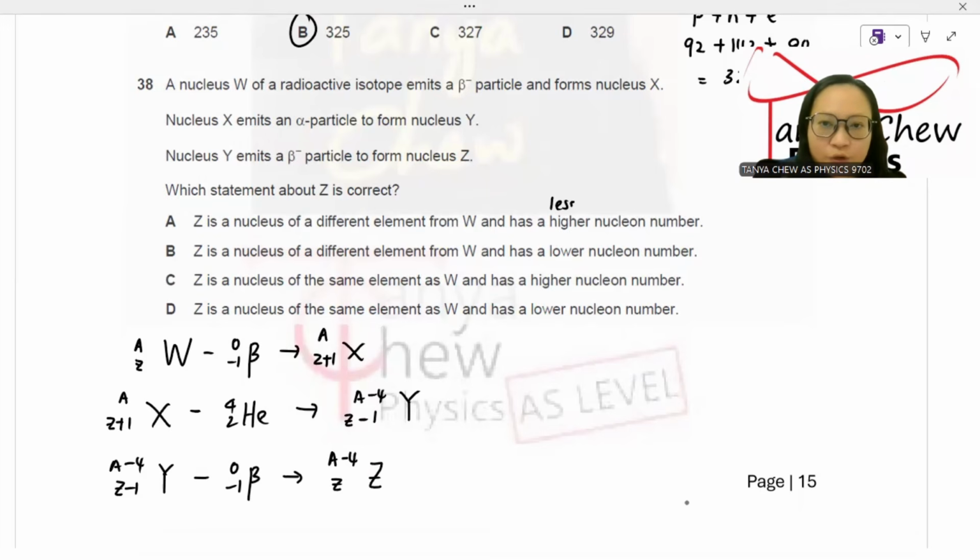Actually it's lesser nucleon number. B, Z is a nucleus of a different element from W and has a lower nucleon number. This is true, but it is the same element. Z is a nucleus of the same element, has a higher nucleon number, no, lesser. So D is the answer.